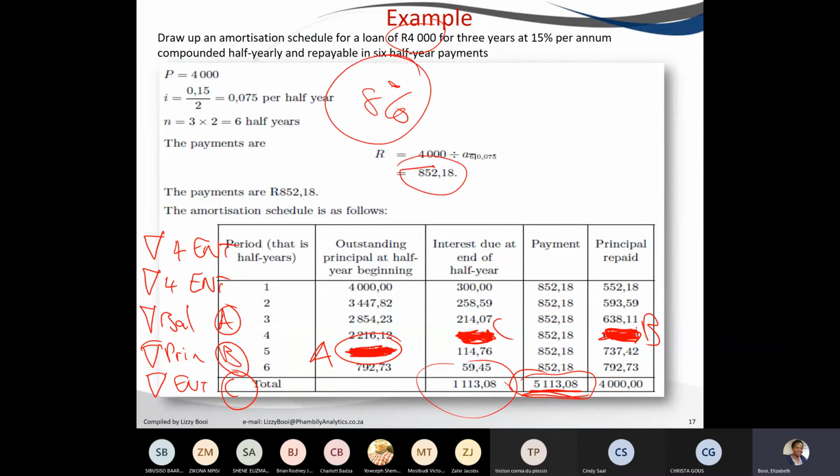the 8%. Sometimes they might say, from year number 4, they want to change the interest from 8% to another number. It means after payment number 4, you have your balance.